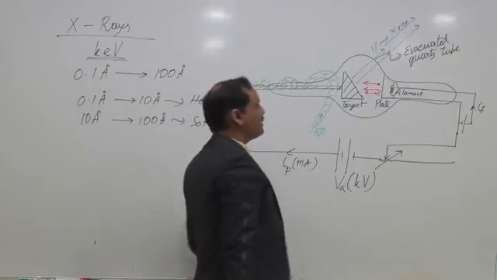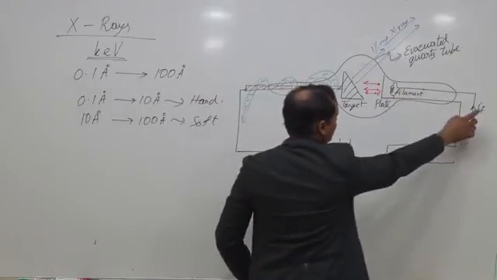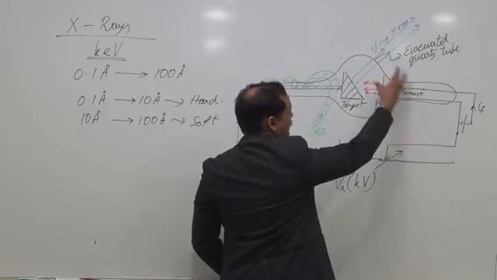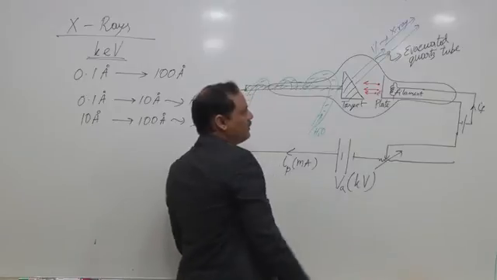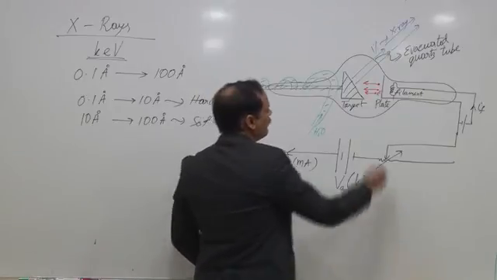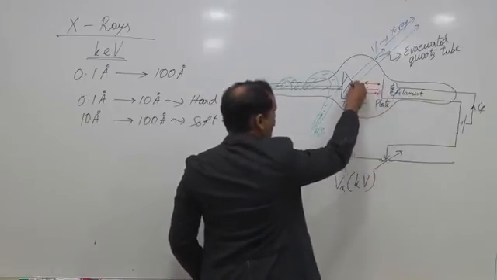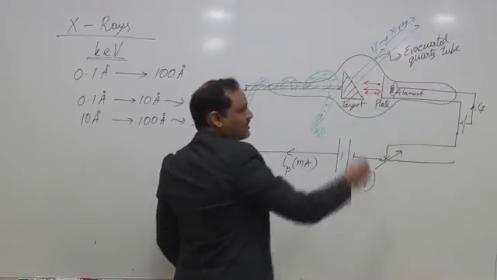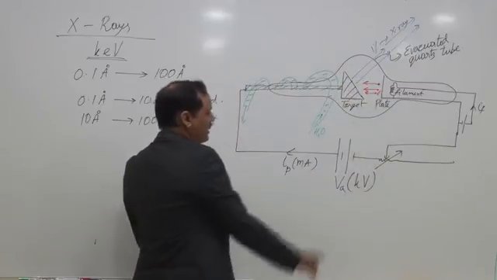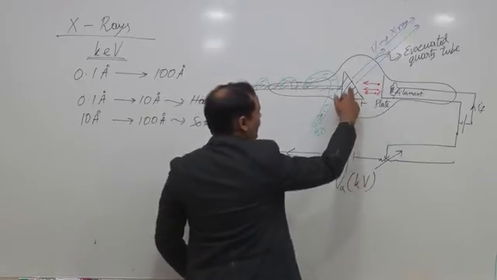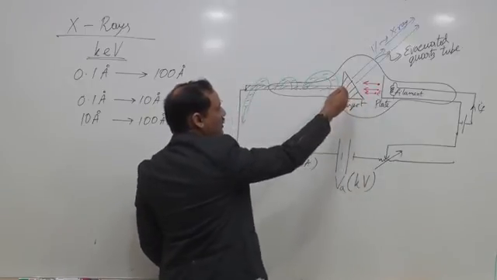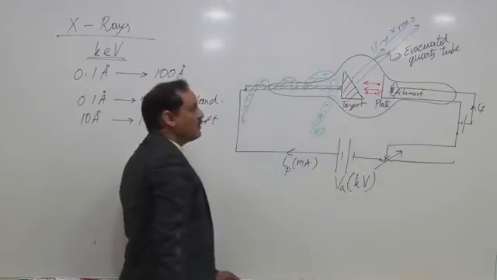What is being done? Let us see. The filament is heated by filament current. Because of this, electrons are emitted by the plate by thermionic emission. These electrons are accelerated towards the target. The accelerating voltage is of the order of kilovolt. The bombarded electrons lose their kinetic energy during collision with the atoms of the target.